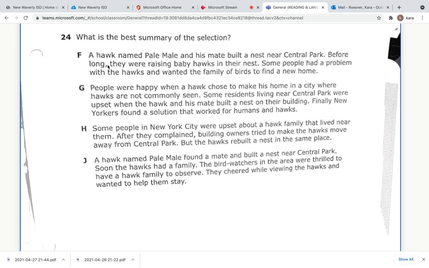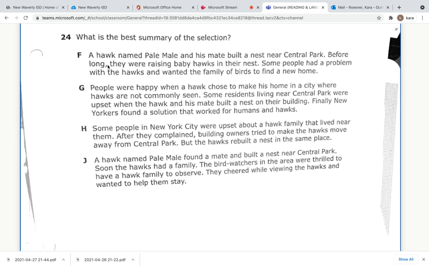H, some people in New York City were upset about a hawk family that lived near them. After they complained, building owners tried to make the hawks move away from Central Park, but the hawks rebuilt a nest in the same place. J, a hawk named Pell Mell found a mate and built a nest near Central Park. Soon the hawks had a family. The bird watchers in the area were thrilled to have a hawk family to observe.